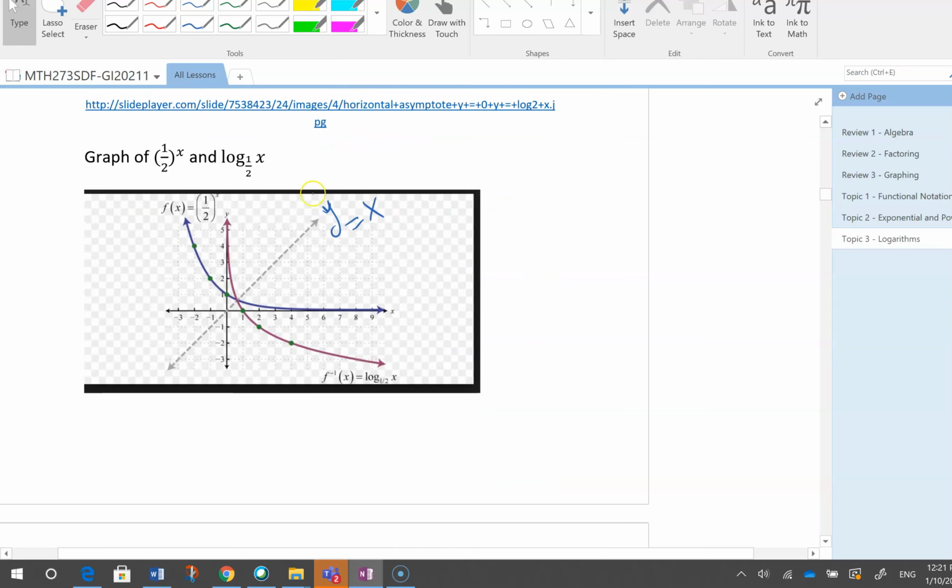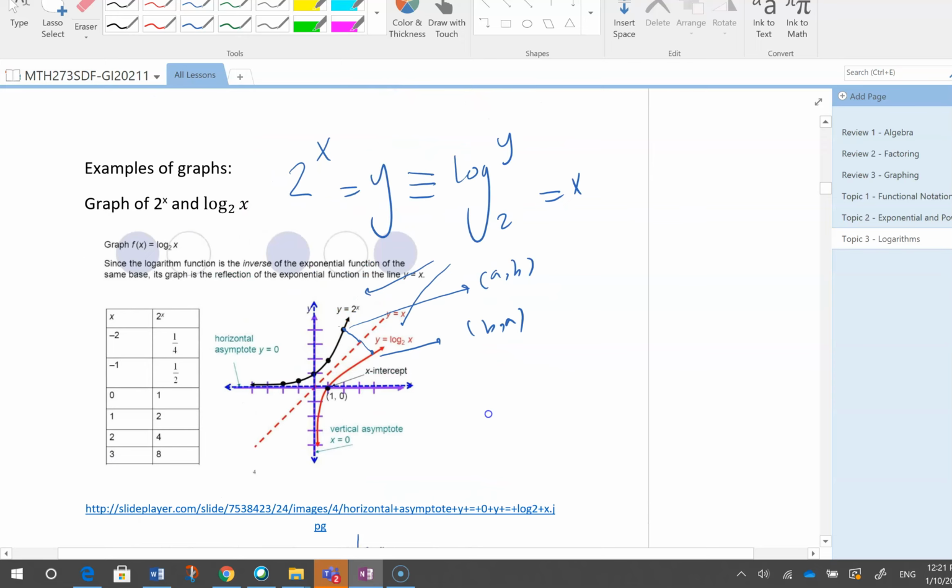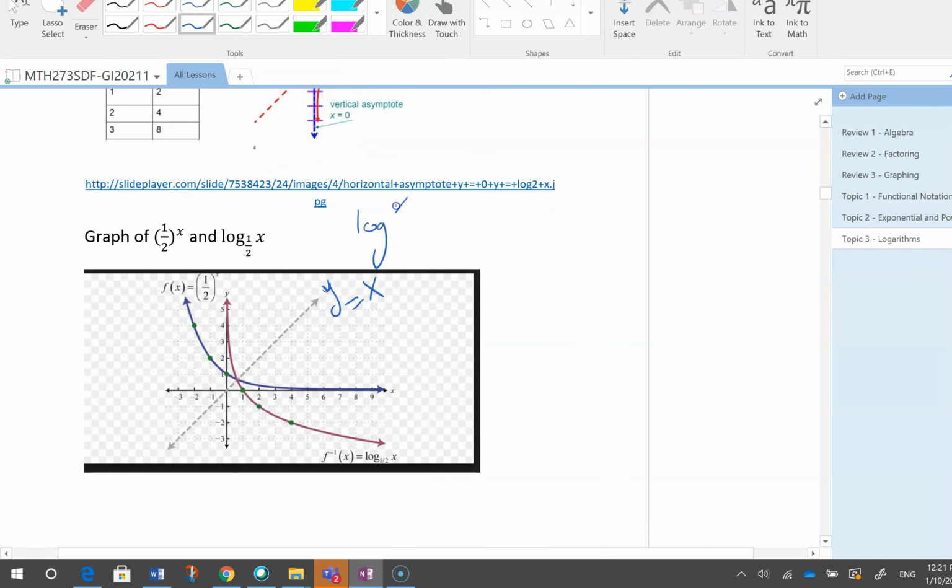So how about here? 1 over 2 power x and logarithm x base half. Logarithm x base half is y, it means 1 over 2 power y is x. x and y exchange: the x of one of them is the y of the other one.